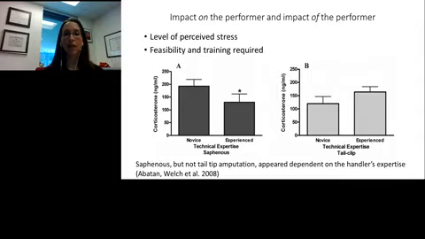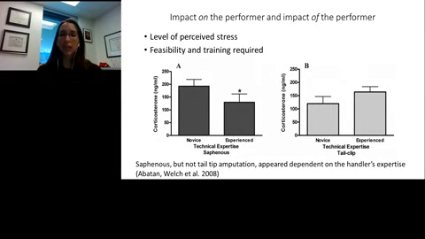Here on the left in A, we're looking at saphenous venipuncture, and you can see that the plasma corticosterone was significantly higher in mice that had blood drawn from a novice phlebotomist versus mice that had blood drawn from an experienced phlebotomist. In contrast, on the right in B, you can see that there was no statistically significant difference in the plasma corticosterone of mice that had blood collected via novice or experienced phlebotomists via the tail tip technique.